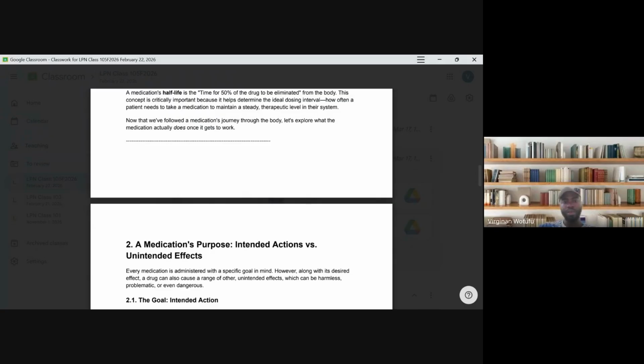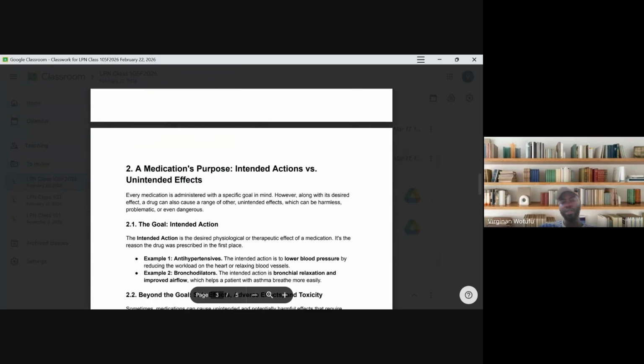So after administration, route of administration and movement of medications in the body, we should take a look at intended and unintended effects of some medications. We all understand that when you administer a medication, it's supposed to exert its desired effects for which it's being administered.